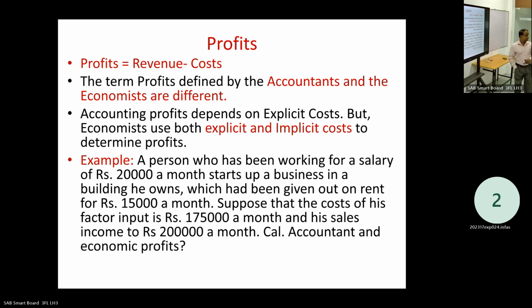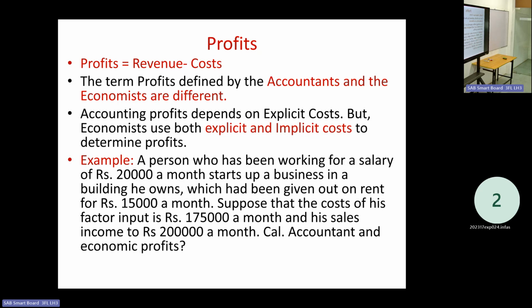We deduct the payment for the factors of production, the cost of sales: 200,000 minus 175,000. So that is the actual basis. According to the accounting profit, it will be 25,000.